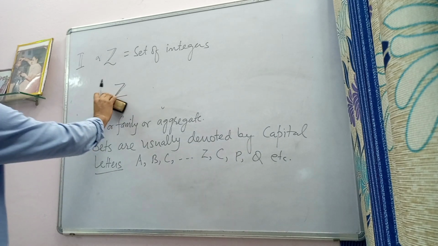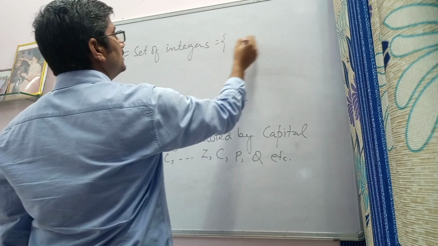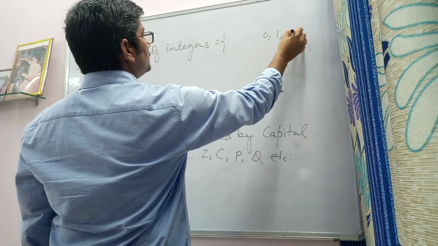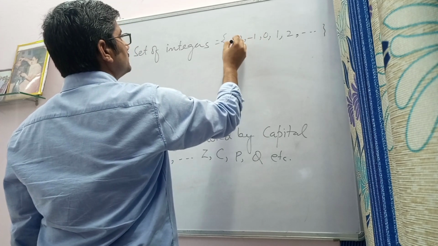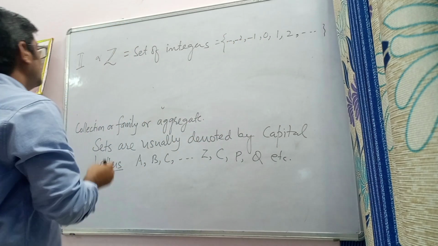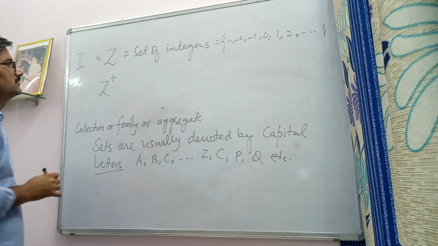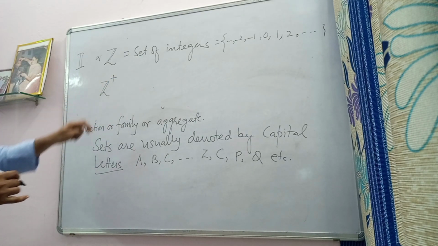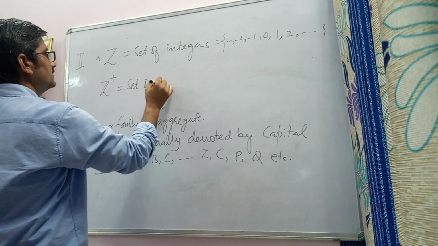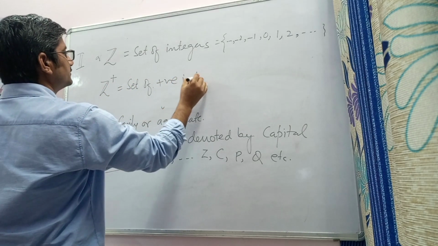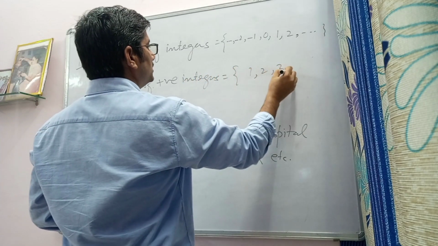The set of integers is the collection of 0, 1, 2, 3 and so on, and negative integers -1, -2 and so on. But if we use a positive sign in the superscript of this Z, it is the set of positive integers, 1, 2, 3, 4.